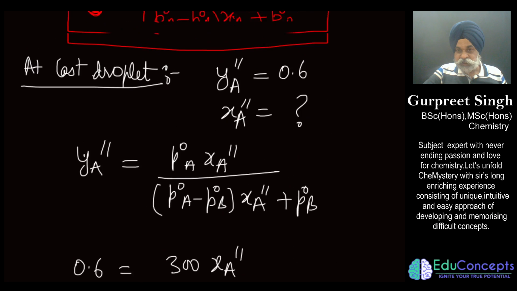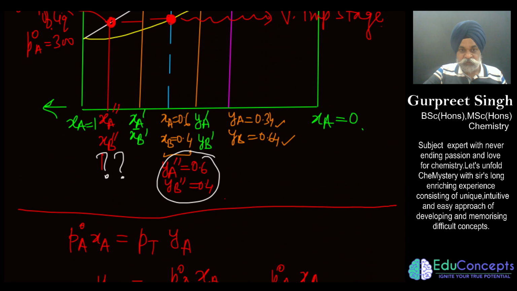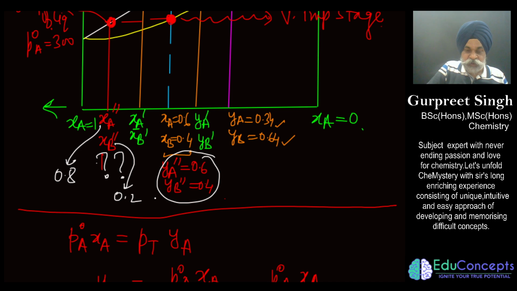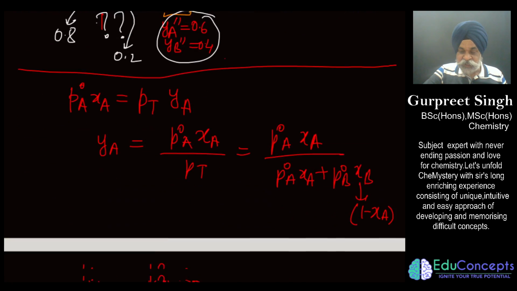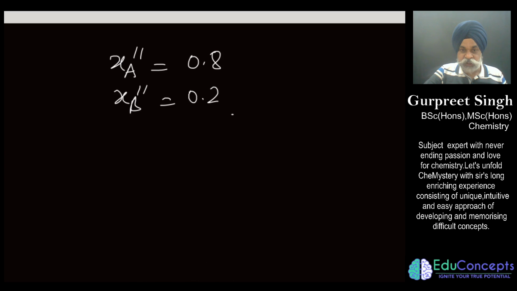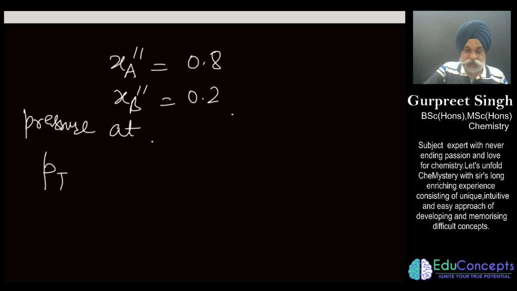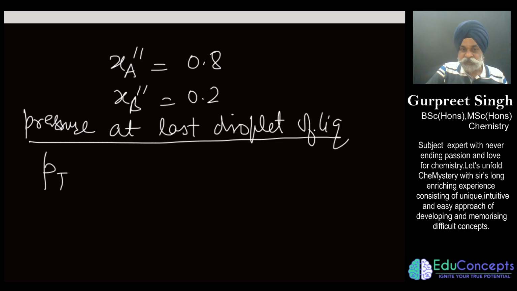So this is very interesting. This value came out to be 0.8 and this came out to be 0.2. At this point, if we wanted to find the P total corresponding to this, that is, the pressure at the last droplet of liquid, how much is that pressure if it is being asked?